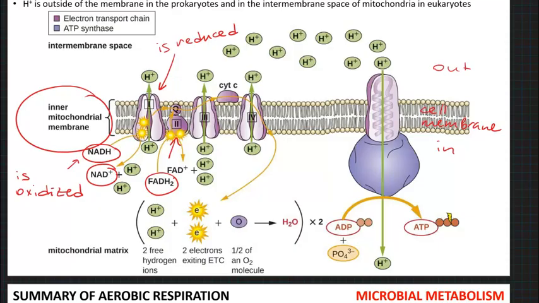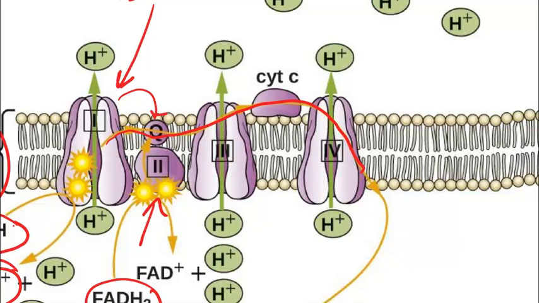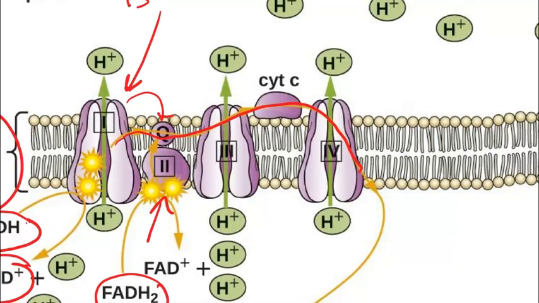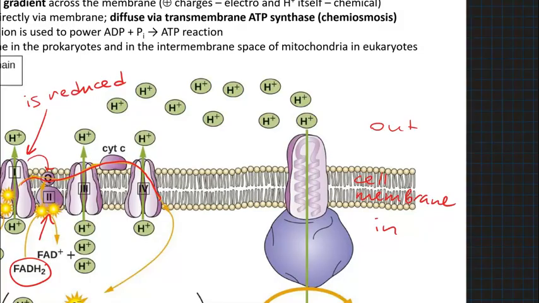So here is what happens. These electrons enter the first complex, or second, whatever, and you can trace this arrow, they start moving from one protein complex to another. I usually compare it to a ball that is pushed off the top of a flight of stairs.